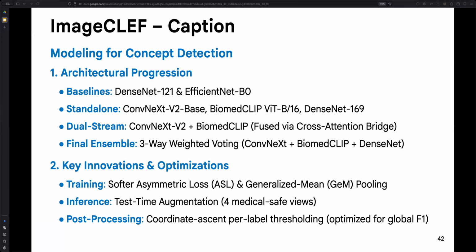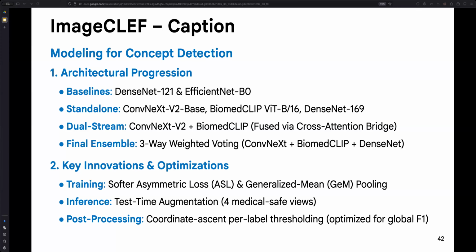The key innovations and optimizations are, first, for the training, we use soft asymmetric loss to downweight the massive imbalance of negative labels and focus on difficult-to-detect positive concepts. We also use generalized mean pooling to allow the network to adapt to fine-grained macroscopic textures.